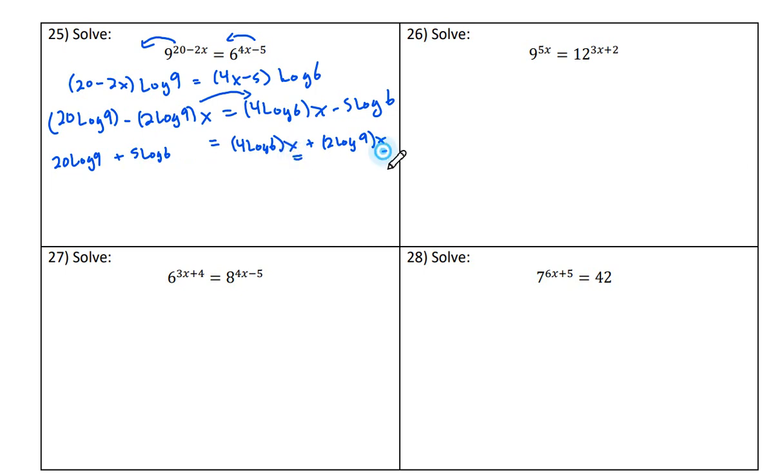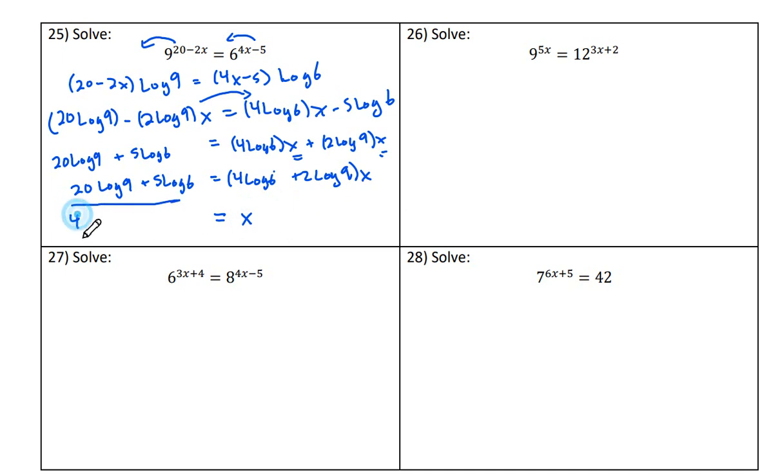And now I see an x is common, so I can factor it out.